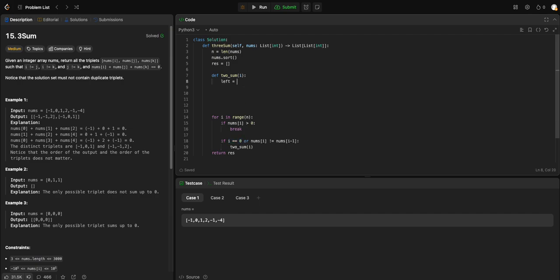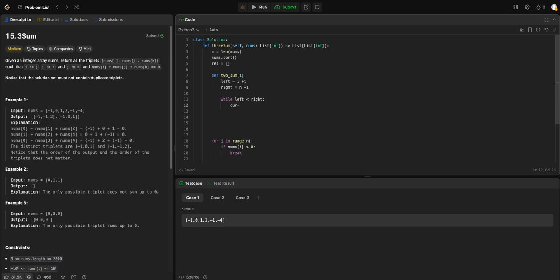The left equals i plus 1, and right is the end index, n minus 1, right? While left is less than right.